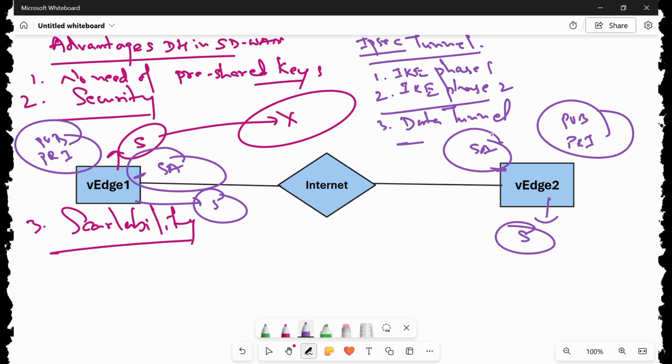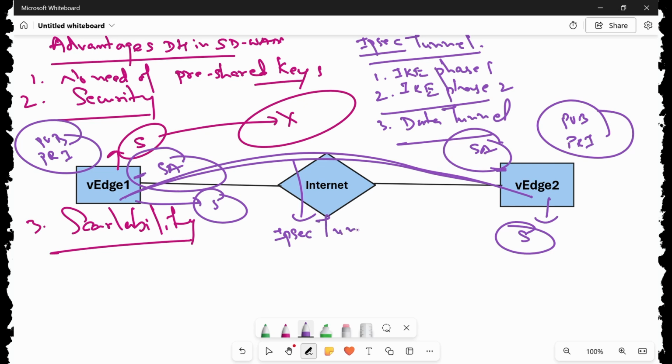Once phase 1 and phase 2 happen, an IPsec tunnel is formed, and this IPsec tunnel, once established, is used to transport the data between vEdge routers, securely transferring the data over this insecure internet network.